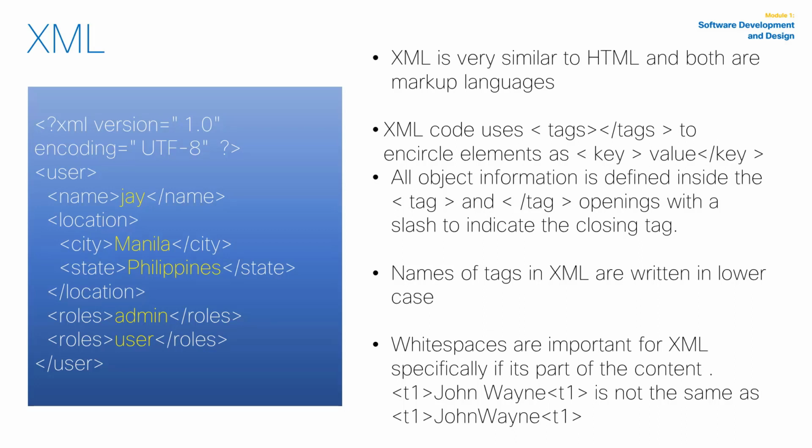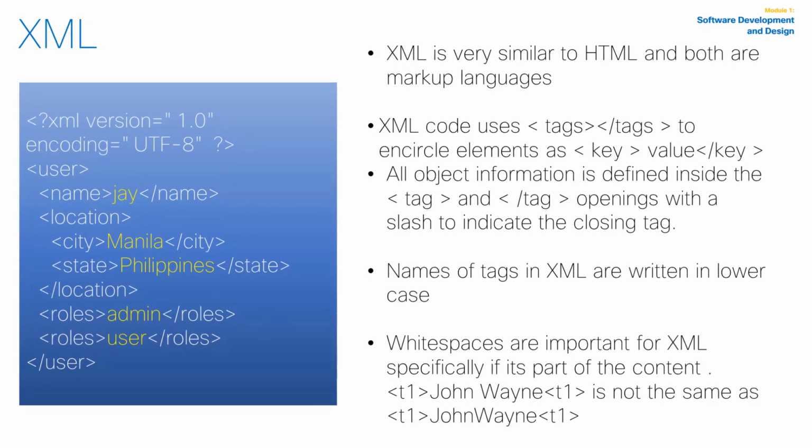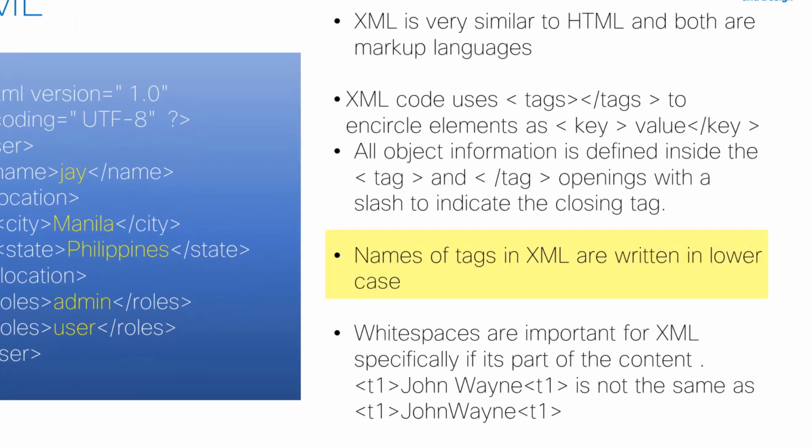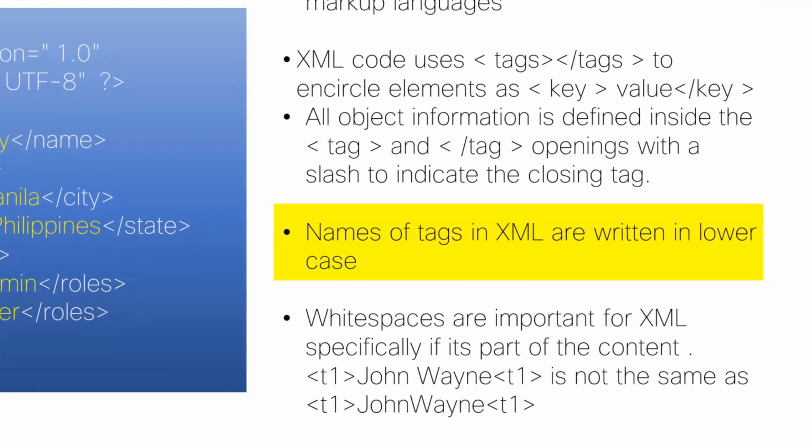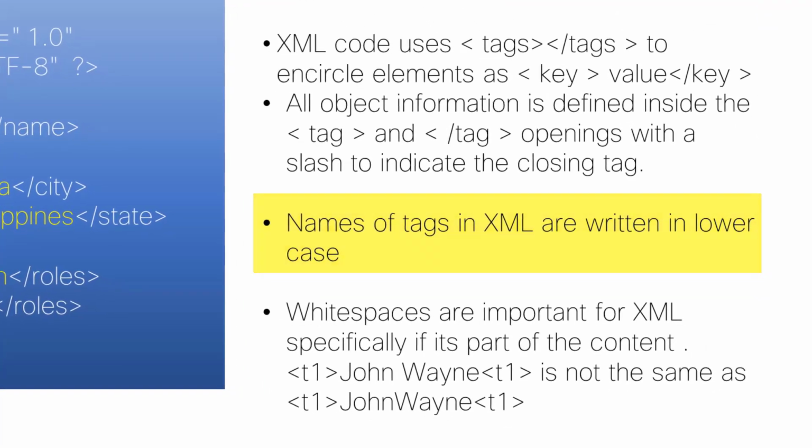For example, a lowercase tag and an uppercase tag would not work properly, whereas a lowercase tag with a lowercase tag, or an uppercase tag with an uppercase tag would work perfectly. Note that the name of the tag is the same, and only differs in case. Usually the names of the tags in XML are all written in lowercase.